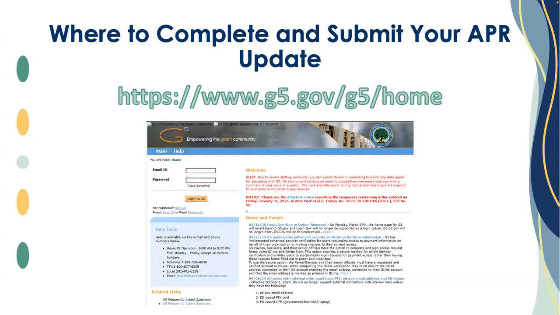And just as a reminder, be aware that G5 is sometimes closed for updates or maintenance, and the time zone will close it at the close of business in the Eastern time zone. So no matter wherever you may be submitting your report, it is important to remember the 4:30 deadline in the Eastern time zone.